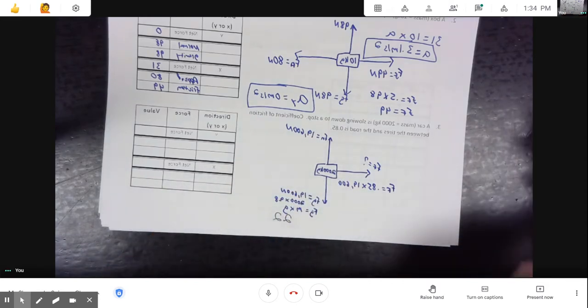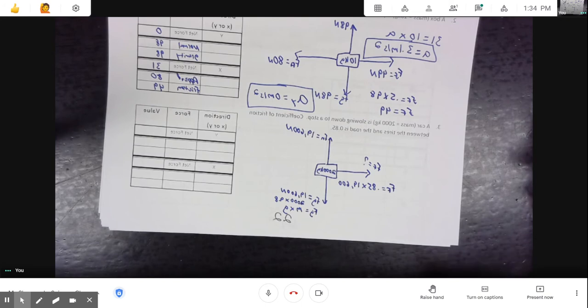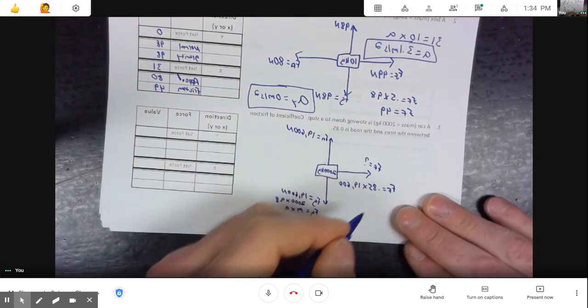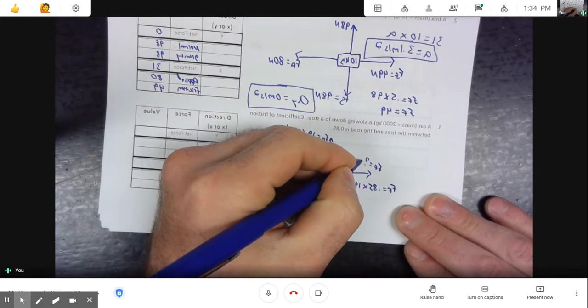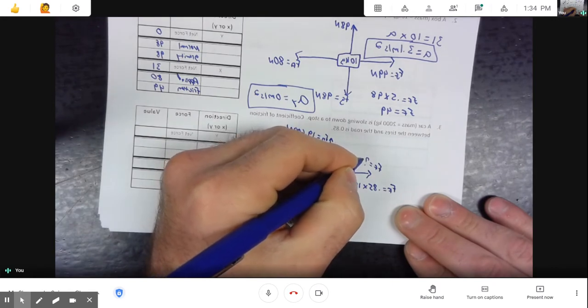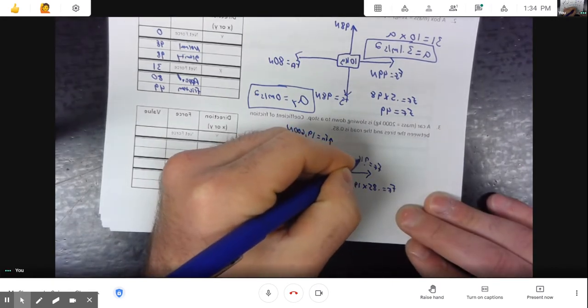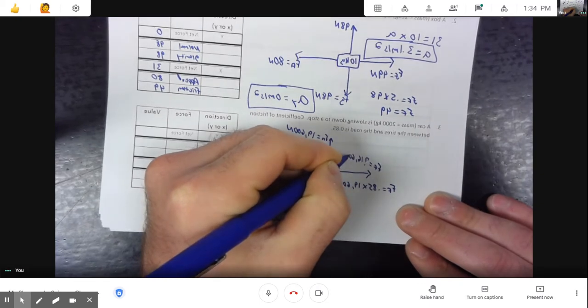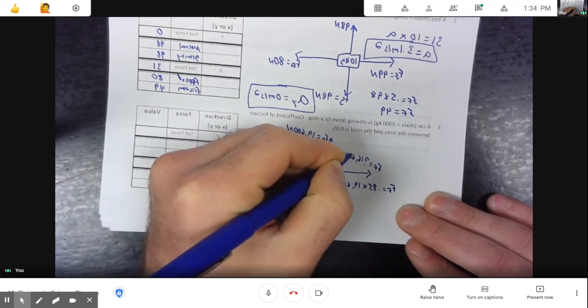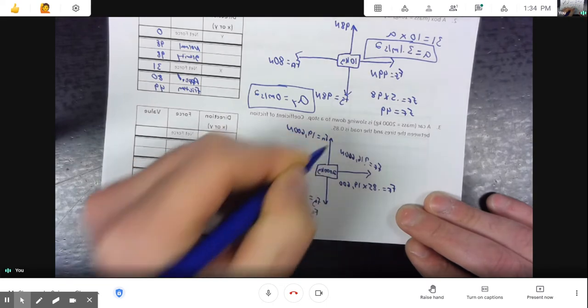So type that into our calculator. 19,600 times 0.85. We get 16,660. So the force of friction ends up being 16,660 newtons.